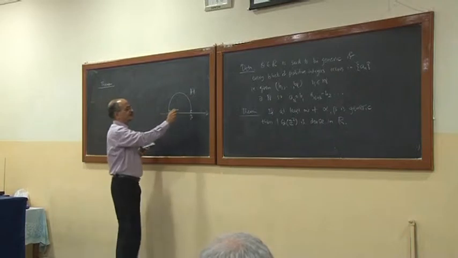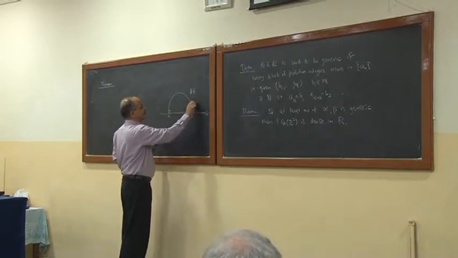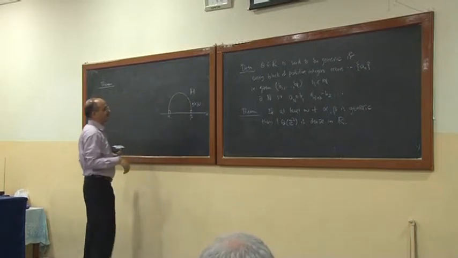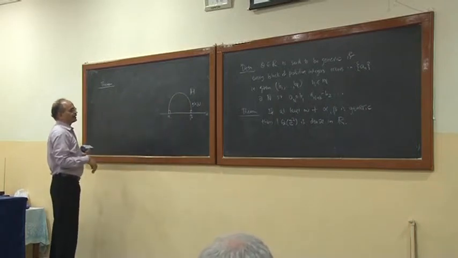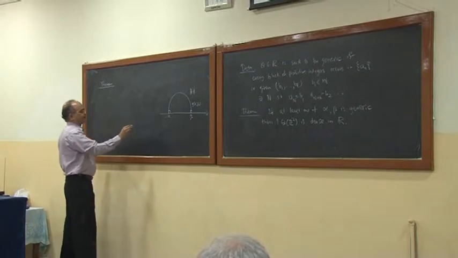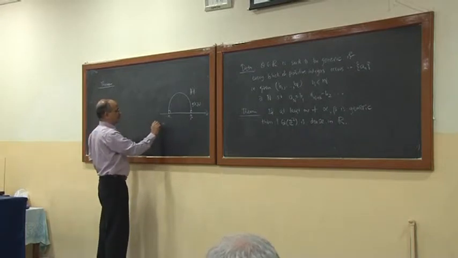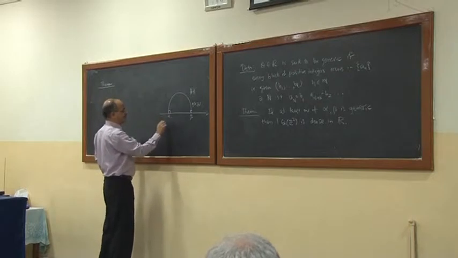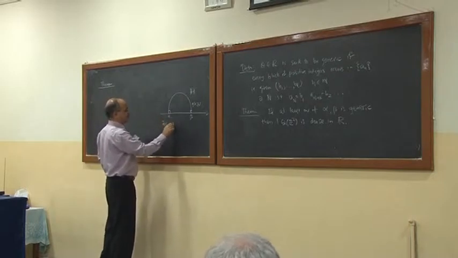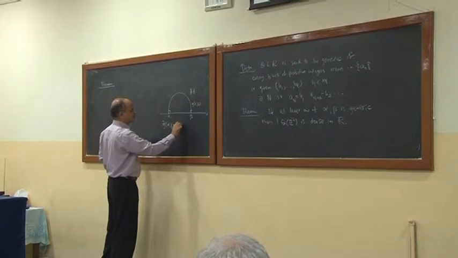Let me call this G alpha beta, my geodesic running there, and let G bar alpha beta be the projection on the modular surface.